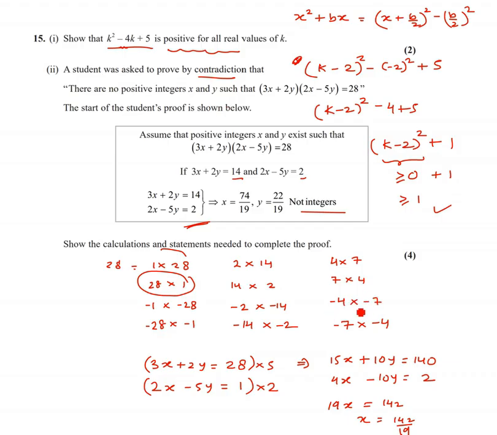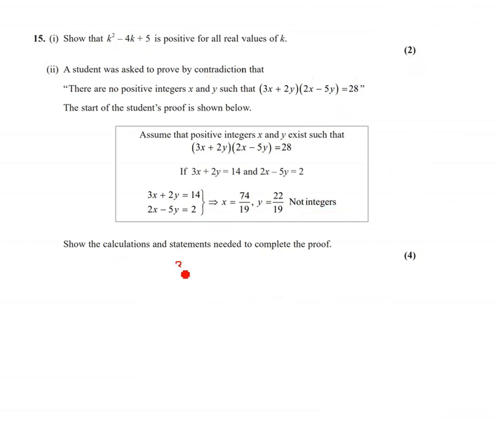Let's say we consider 7 and 4. So we write 3x plus 2y equals 7, and then 2x minus 5y equals 4. Now let's try to keep the y coefficient the same.